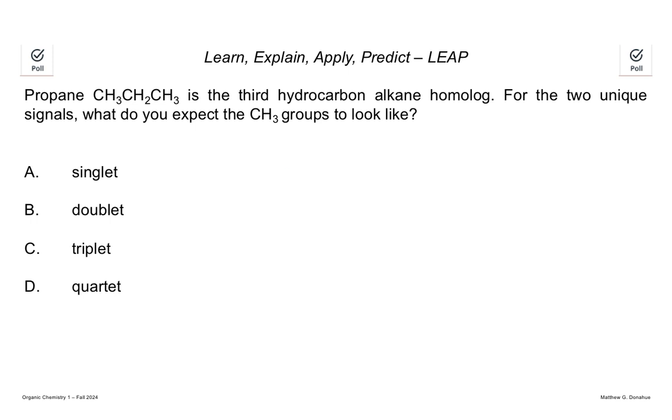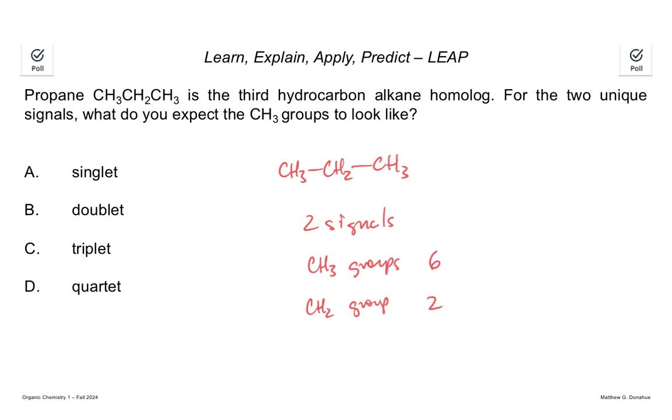So the next question is, our first approximation is there's two signals. Now we want to predict how they're going to look. Remember that the CH3 groups will integrate to 6, the CH2 group will integrate to 2.